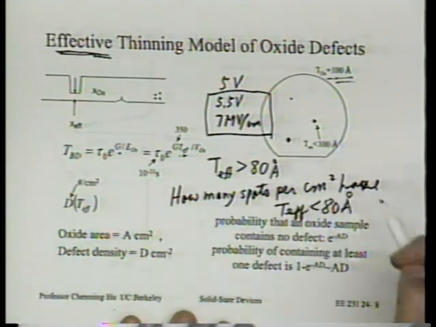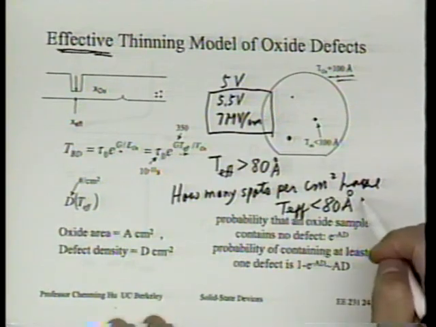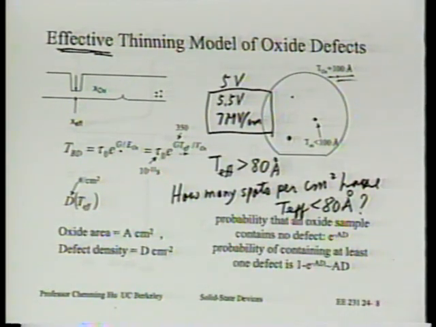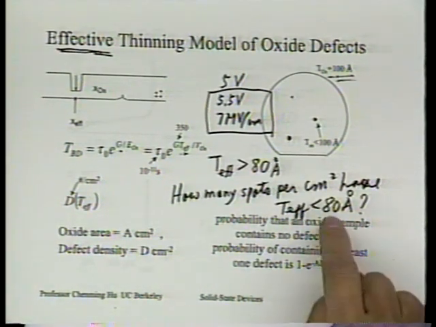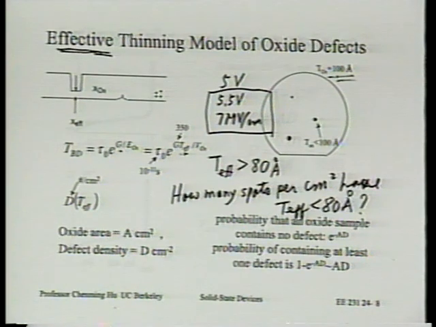If you know the answer to this last question, you can now predict for a given product size what's the probability that you'll carry one such defect and therefore will not meet the 20-year lifetime. Do you see that? I'm not giving you all the mathematical steps, but I'm sort of appealing to your concept of statistics.